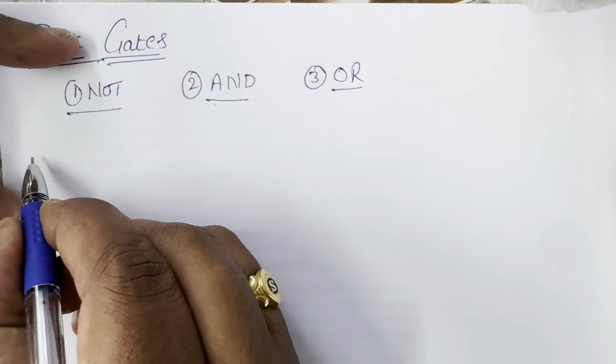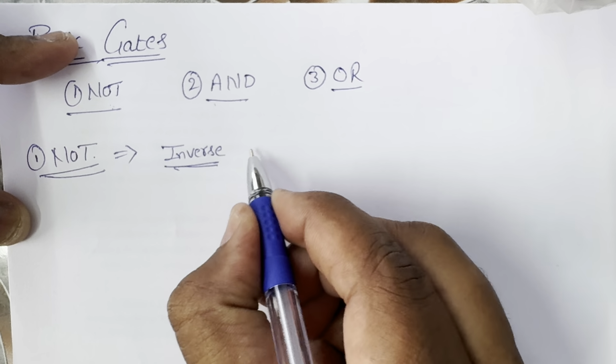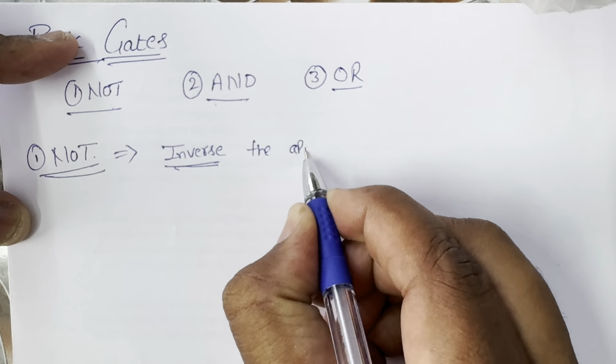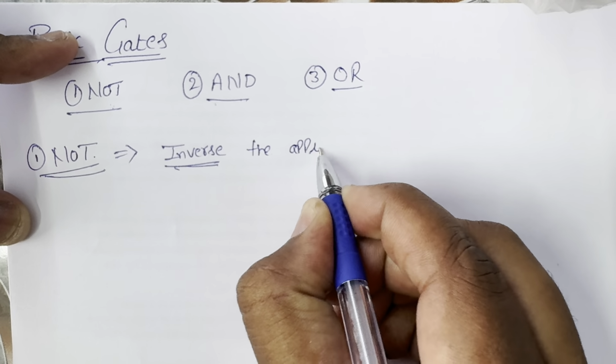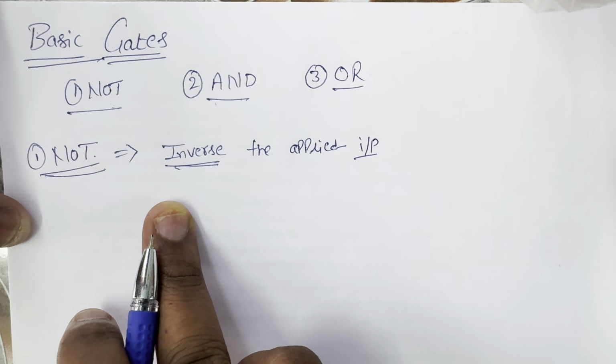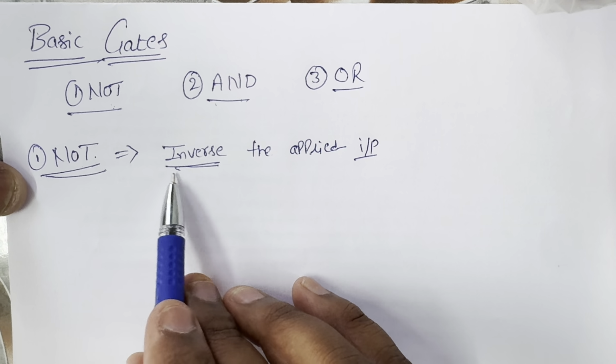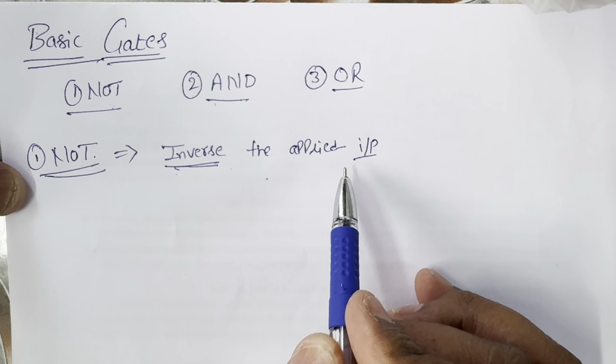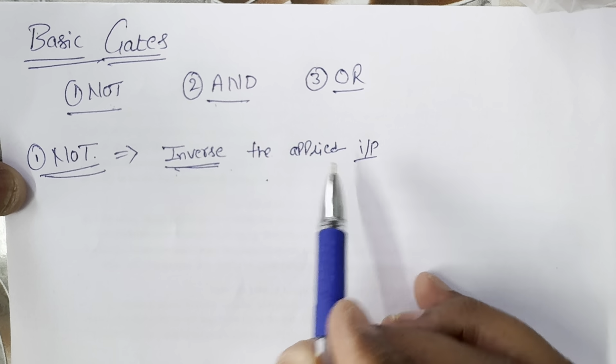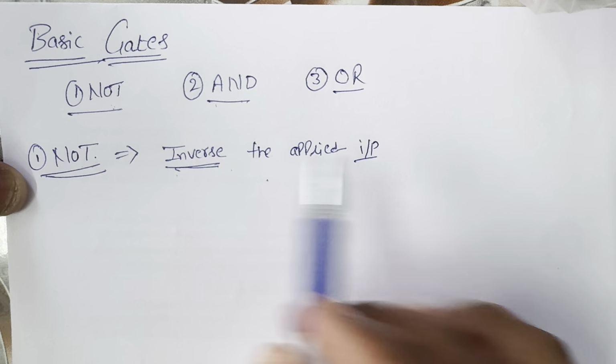The logic operation of the NOT gate is to inverse the applied input. That means whatever the input applied, that input is simply inversed.